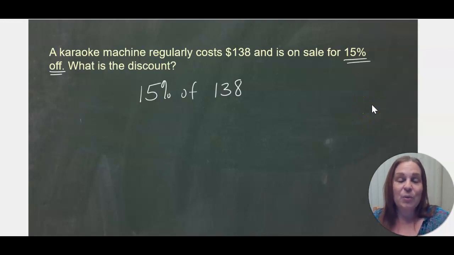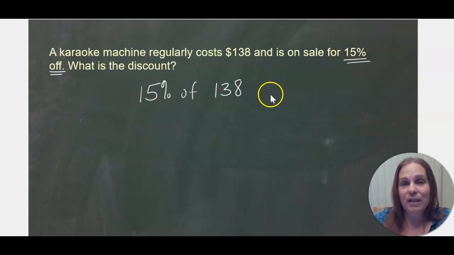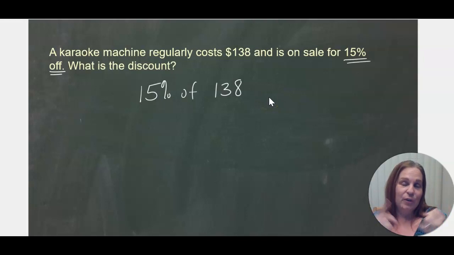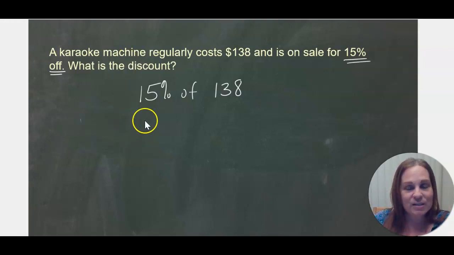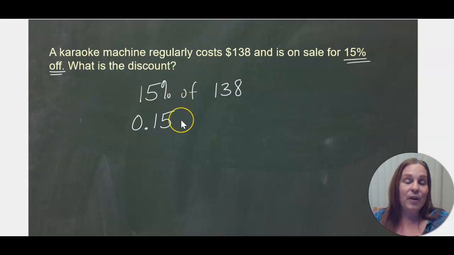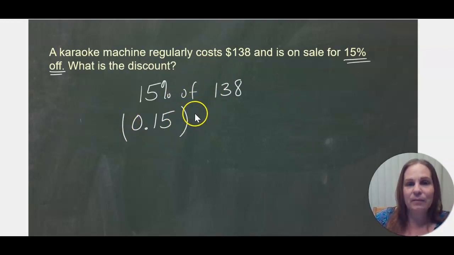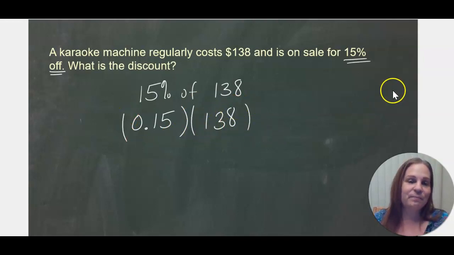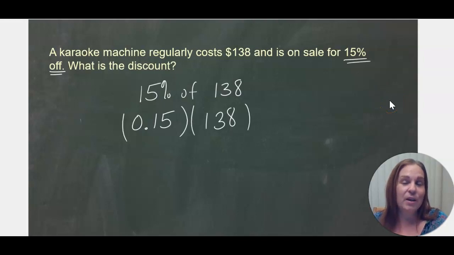All right, so 15% of 138, we're going to convert that percent to a decimal. 15% is the same as 15 hundredths. When we're finding a percent of something, we multiply, and we're going to multiply by 138. Right, so 15% of 138 means 15 hundredths times 138.